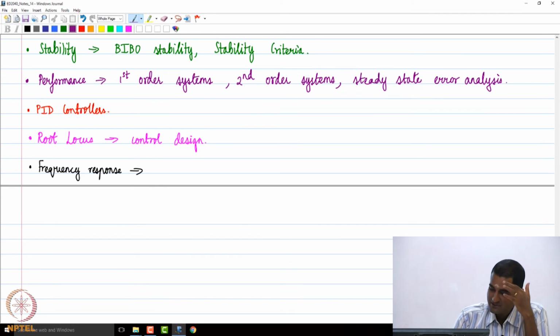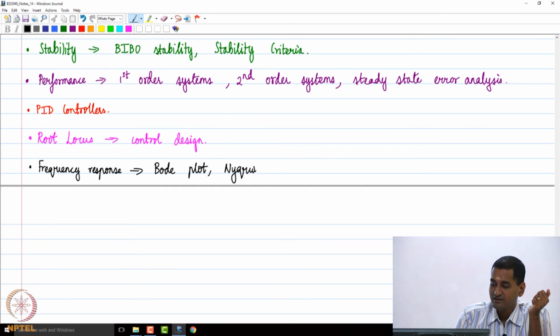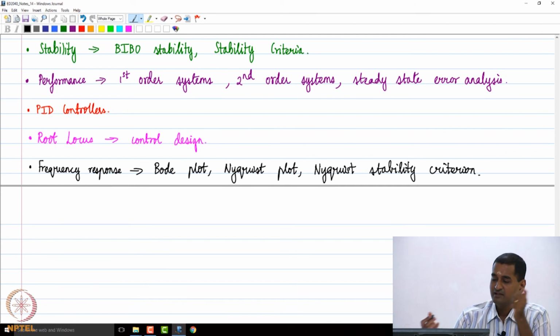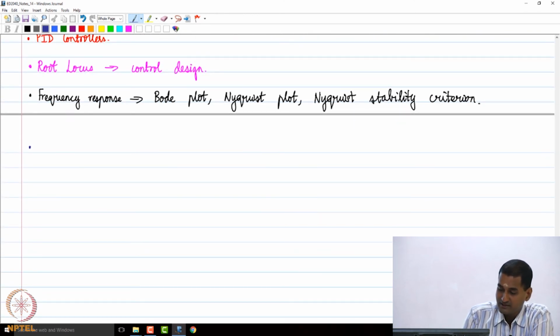We looked at frequency response, then we learned what it was, and how it can be visualized using the Bode plot and Nyquist plot, right. And then we learned the Nyquist stability criteria and so on. Finally, we looked at relative stability.